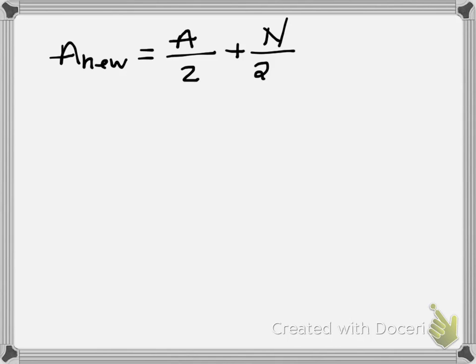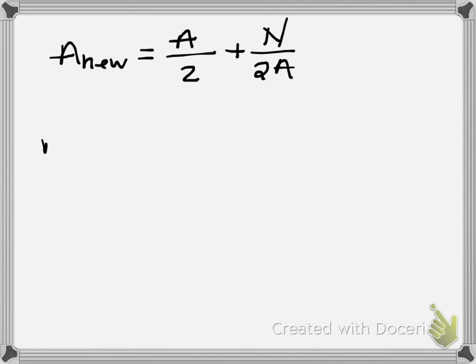Now Newton did it a little bit differently. He said I can have a new guess if I take my old guess divided by 2, plus the number that I'm working with divided by 2 times the old guess. And we could totally illustrate this.